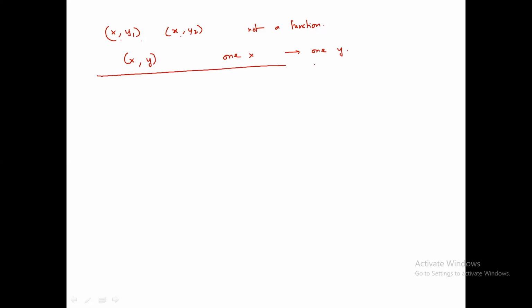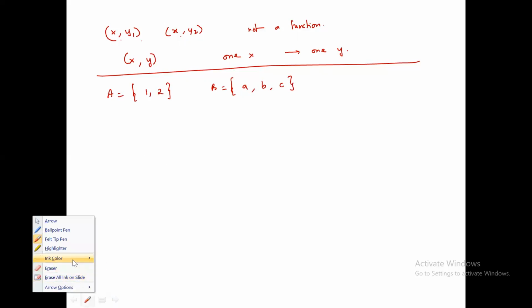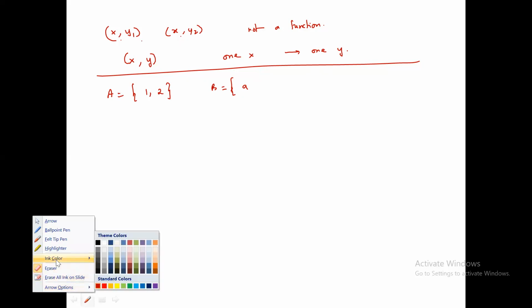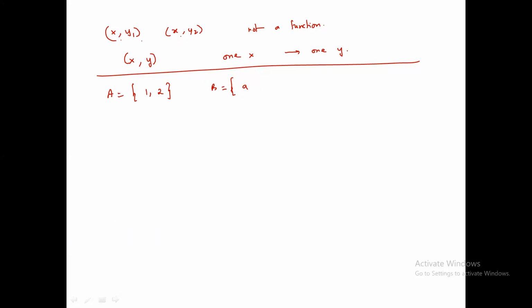But this is not sufficient. There is one more rule. What is that rule? Suppose A is having 1, 2 and B set is having a, b, c. Or I will take B set having only a.